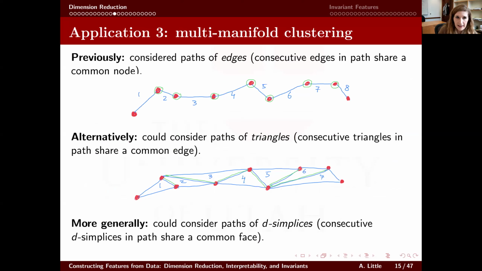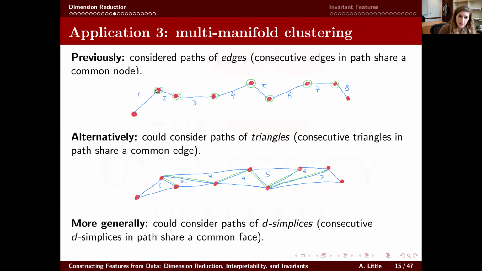And then one last application that I'll mention of these data-driven path distances is multi-manifold clustering. What I've been talking about so far, when we consider paths of edges, we're thinking about consecutive edges in a path sharing a common node. So this would be the classic path: you have this little sequence of edges that come together in a node.